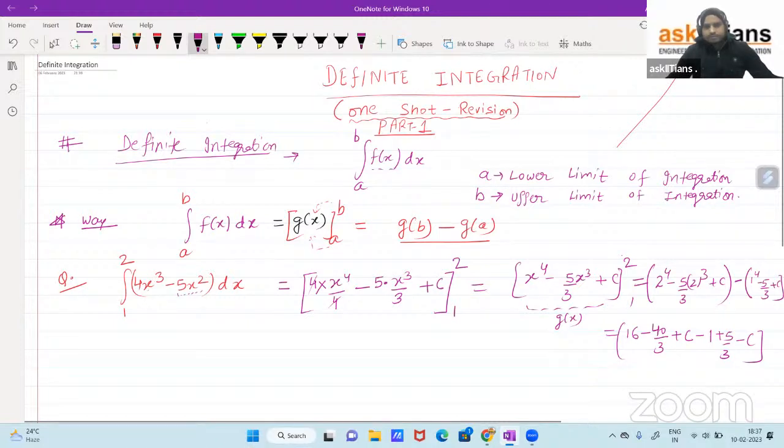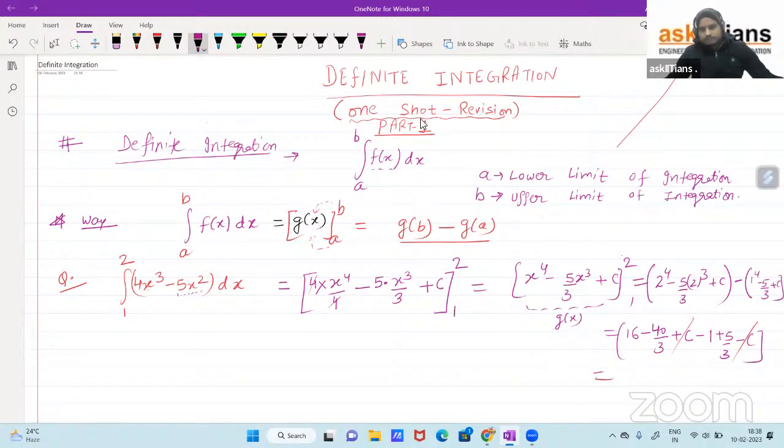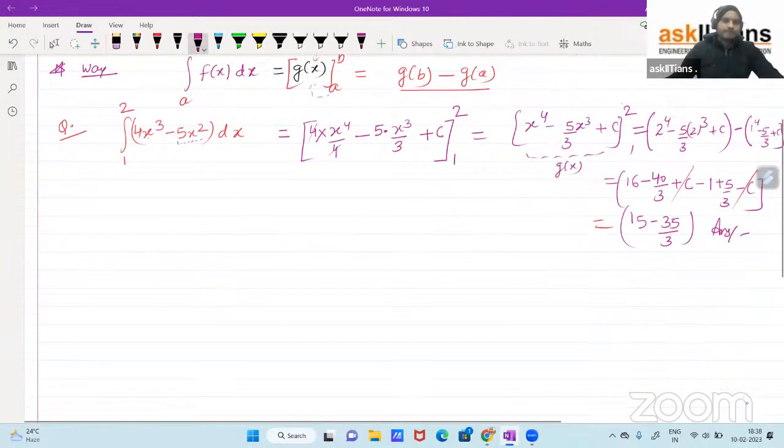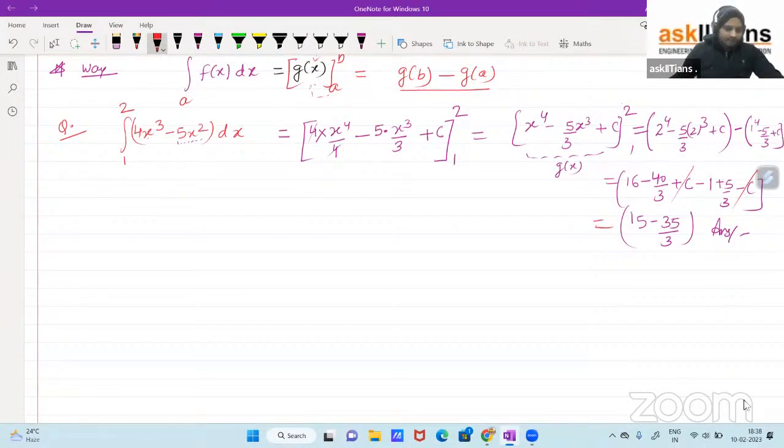So it will be equal to 16 minus 1, 15, minus 35 by 3. Now you can easily calculate it. This will be your answer. Fine. Any doubts? So this was the simple question on definite integration.